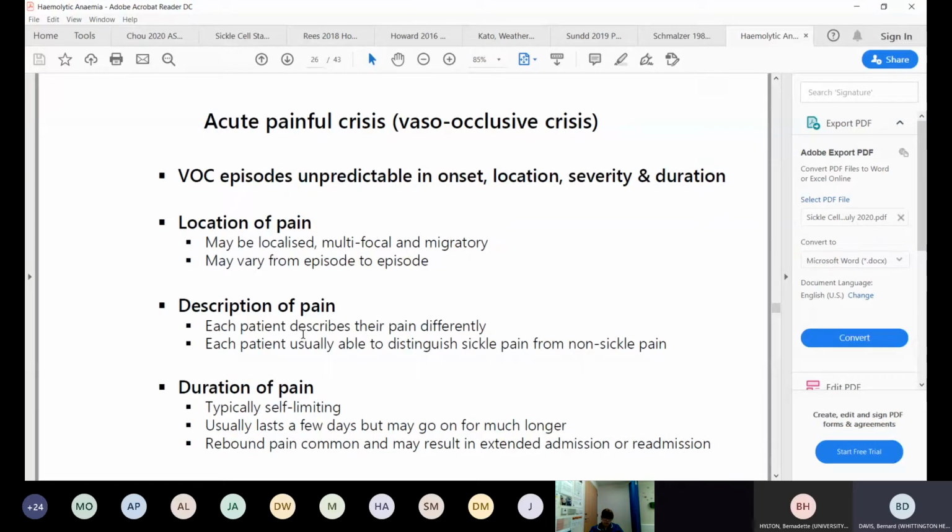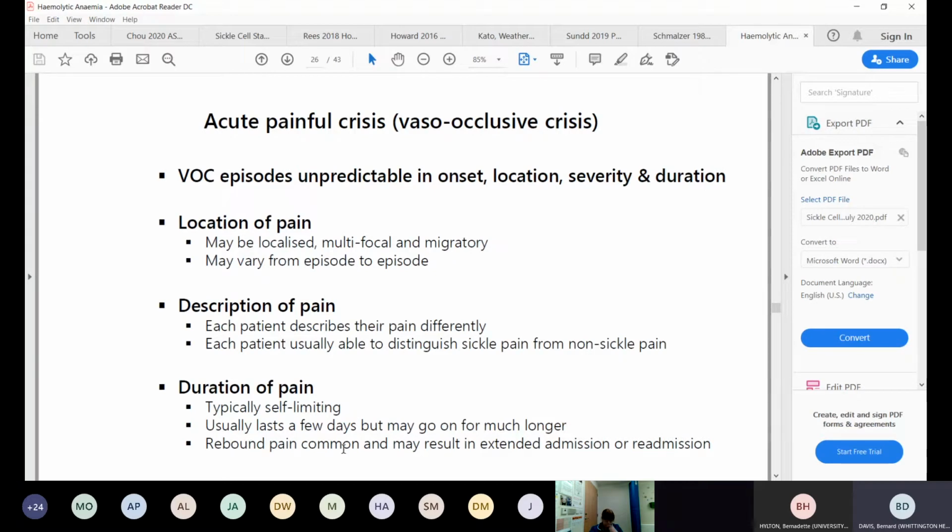So it's a very, very discriminatory and important question to ask. Is this pain like your usual sickle pain? And we've mentioned that the pain can last for a few days, but bear in mind that it can go on for much longer, for a couple of weeks or even longer.